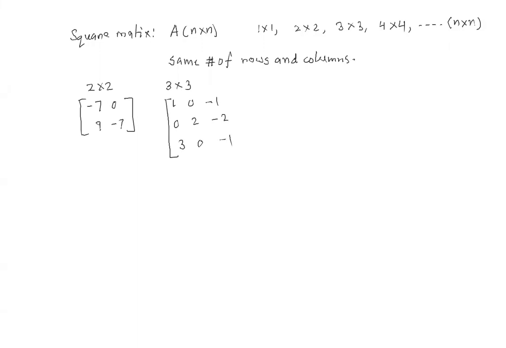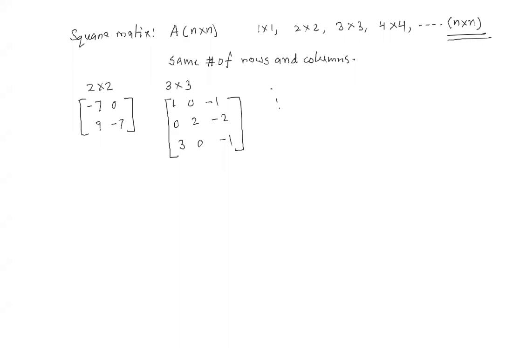That's an example of a 3 by 3 square matrix. Now you can go ahead and do 4 by 4 or whatever. In general, n by n. So what is a square matrix? A matrix that has the same number of rows and columns.